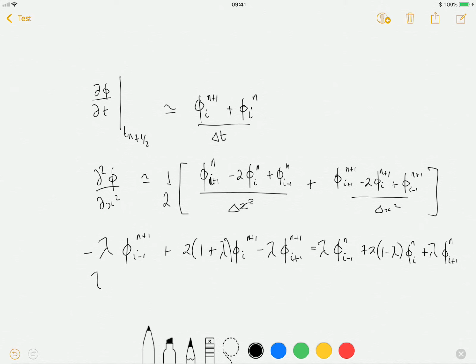Okay, where lambda again is equal to k, our diffusion coefficient, times Δt over Δx squared.